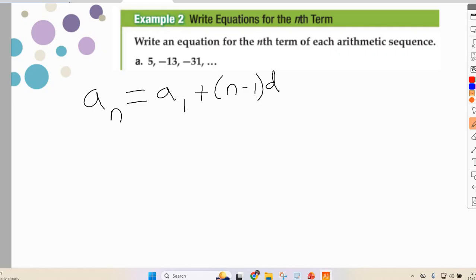So what is our first term this time? This time, we're not plugging anything in for n, because we're wanting a general formula. So n is acting like our variable, kind of like normally we have x's. This time we're going to have n's instead. But we do need to plug something in for d. So what are we adding each time?